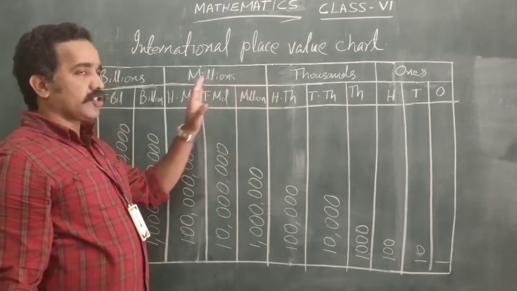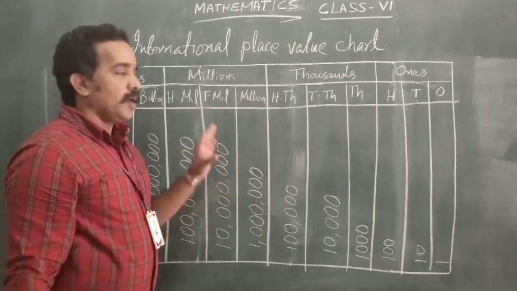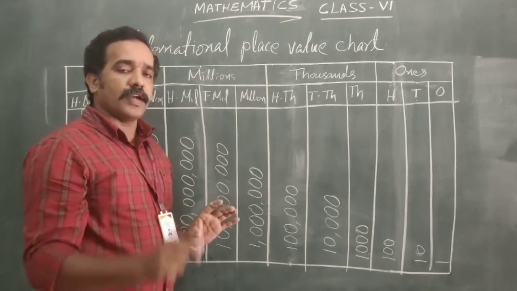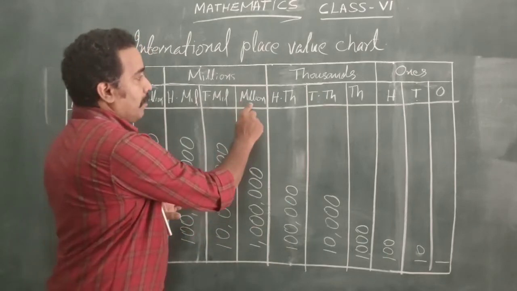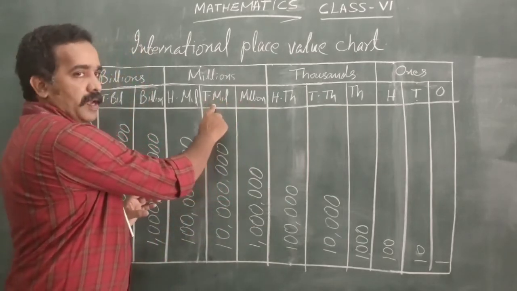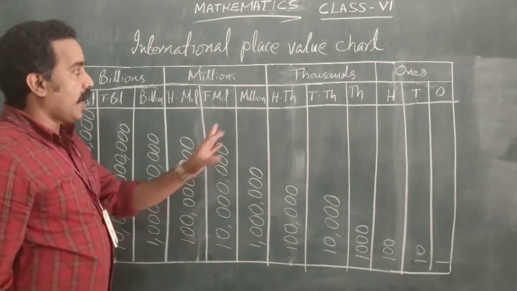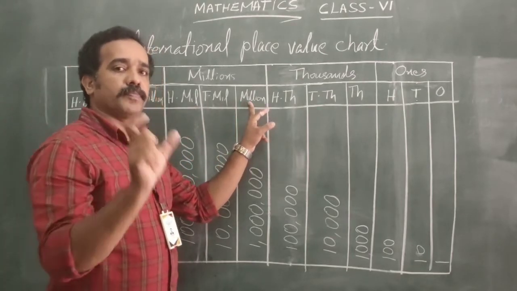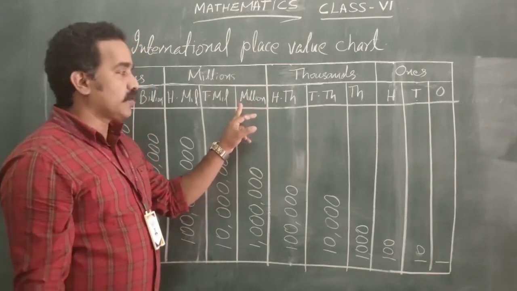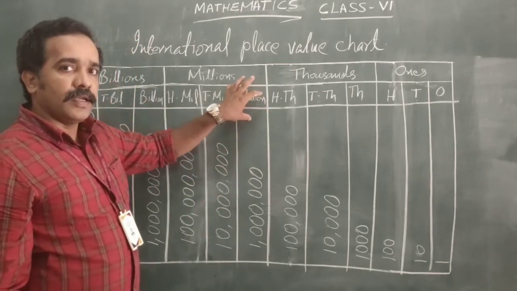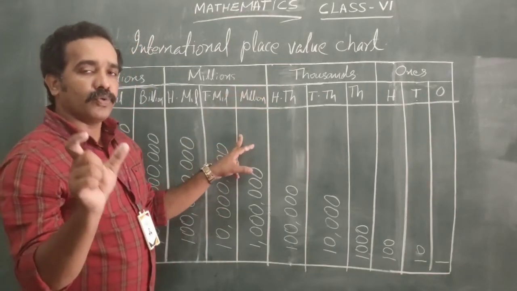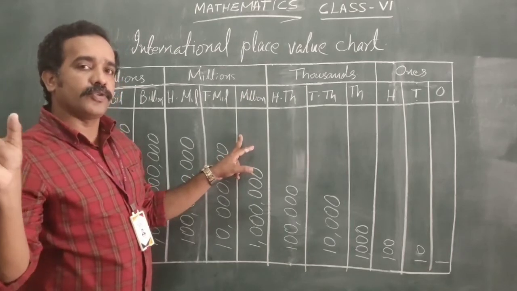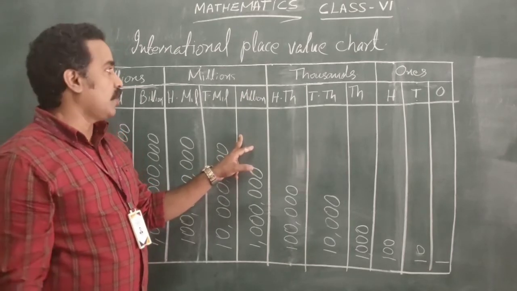After that, next group, millions group. In millions group, there are also 3 digits: million, 10 million, 100 million. Actually, this million comes in the 10 lakh place in the Indian place value chart. So we can say that 1 million is equal to 10 lakh in the Indian place value system.